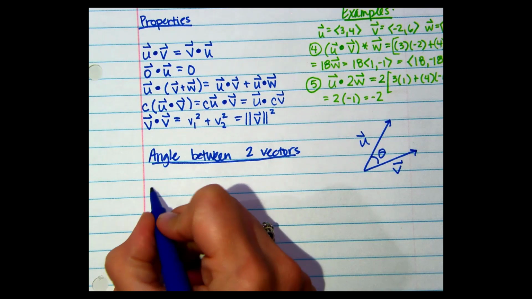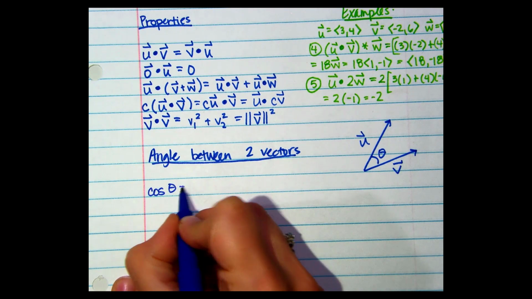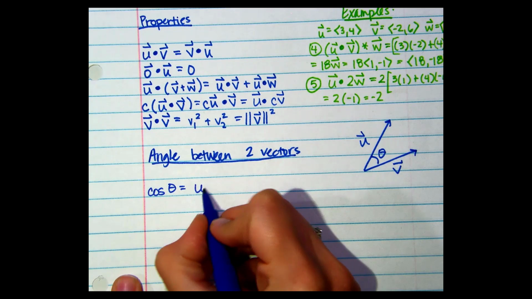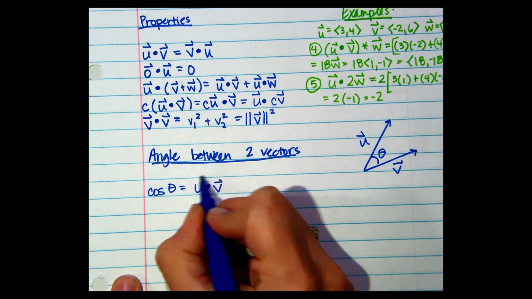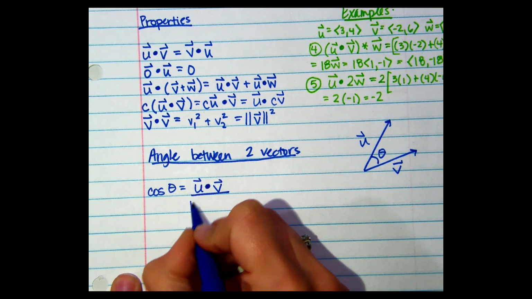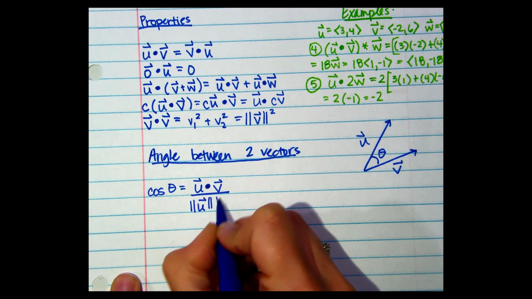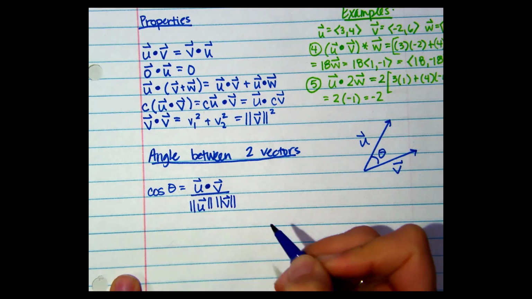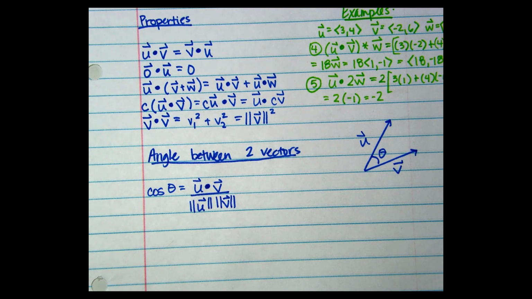The formula is cosine theta is the dot product over the product of the magnitudes. Would you believe me if I said that formula's got something to do with law of cosines? It's got a really similar feel to it as law of cosines, doesn't it?